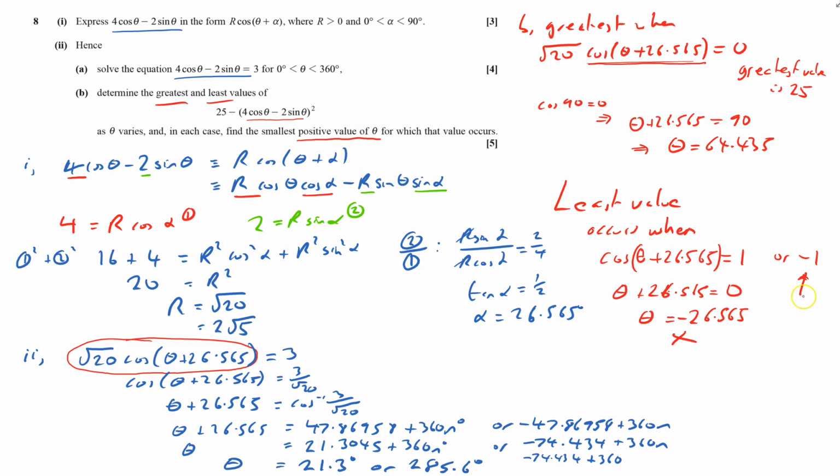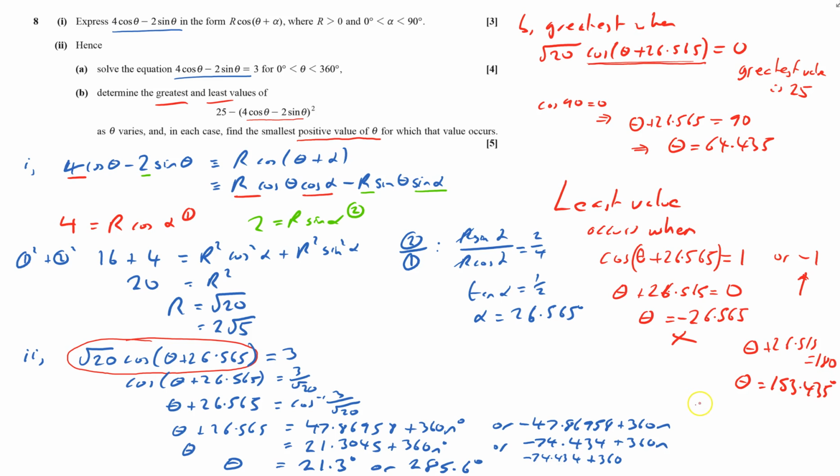How does it get to be minus 1? Well, that will tell me that theta plus 26.565 has got to equal 180, because when the angle is 180, cos of 180 is minus 1. And so there we get theta equals 180 minus 26.565, so theta is 153.435 degrees.